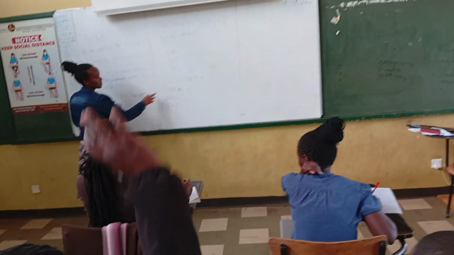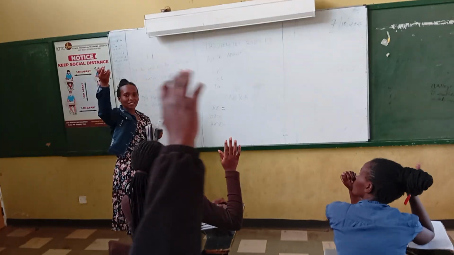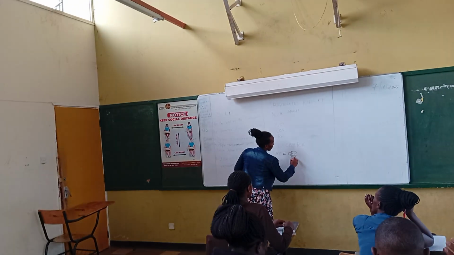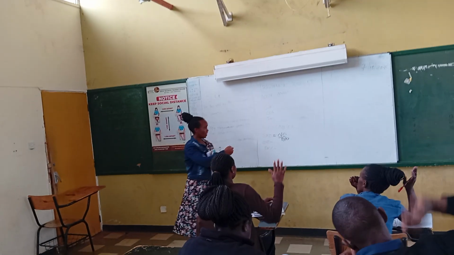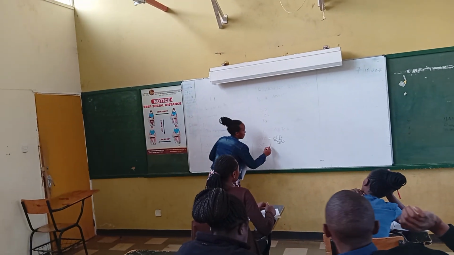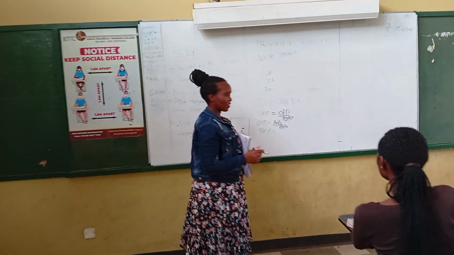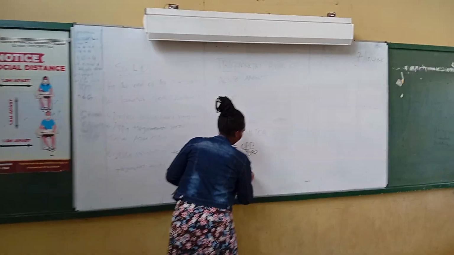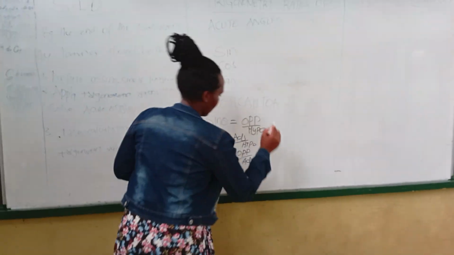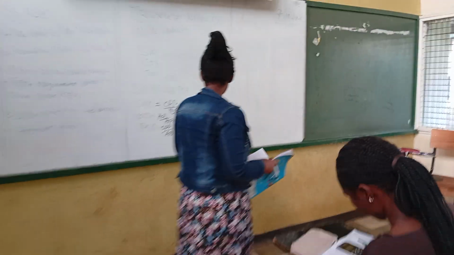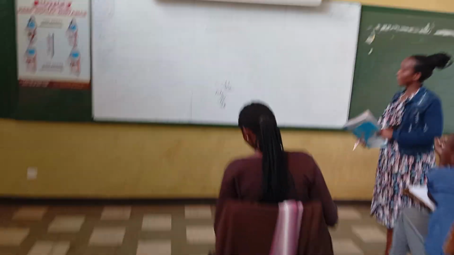Somebody to tell us what is sin theta? Opposite over hypotenuse. Cos theta? Adjacent over hypotenuse. And finally tan of theta? Opposite over adjacent.